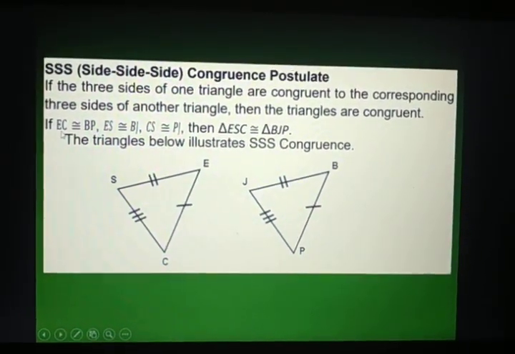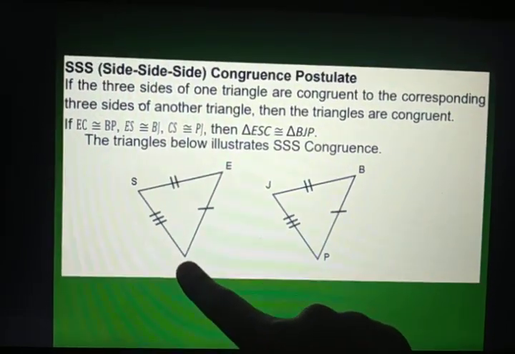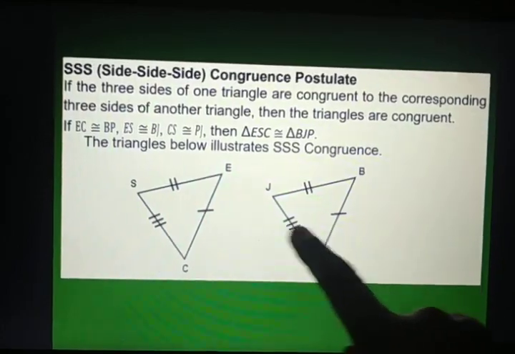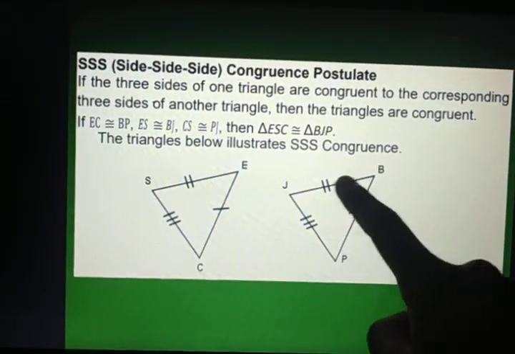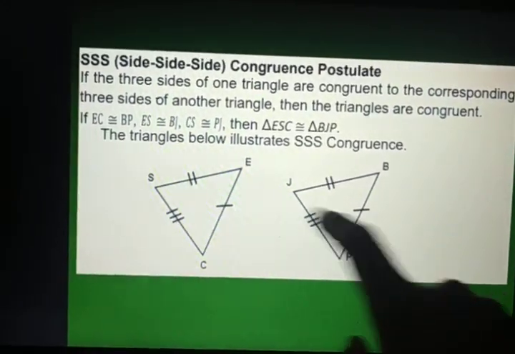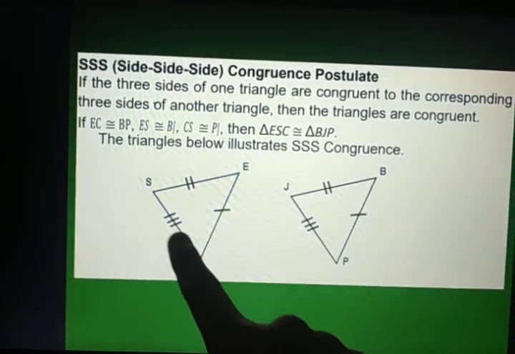Okay. If line segment EC is congruent with line segment BP and line segment ES is congruent with line segment BJ, because class duwa ka mark, dari isa ka mark, sila pares. Or last, line segment SC, tatlo ka mark ko.